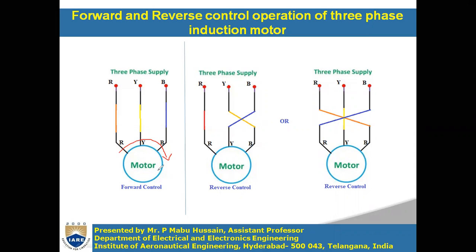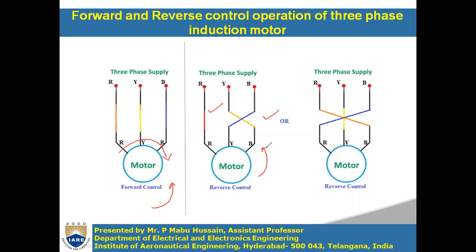Now, if you want to make this motor rotate in the reverse direction, what do you have to do? You have to interchange any two terminals. You keep R to R as it is, and interchange the other terminals: three-phase supply Y is connected to motor B, and three-phase supply B is connected to motor Y. Now the induction motor will rotate in the reverse direction.